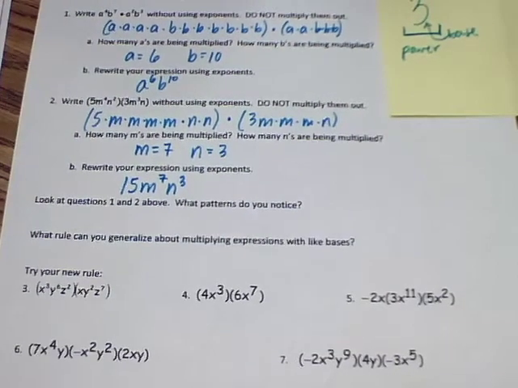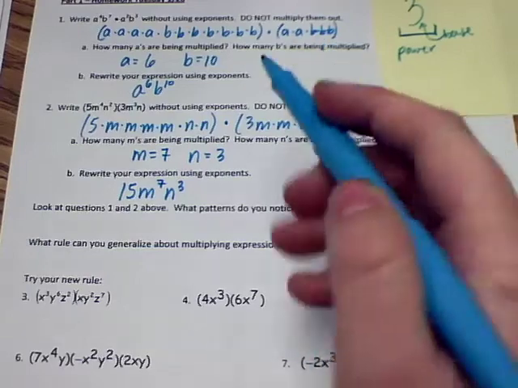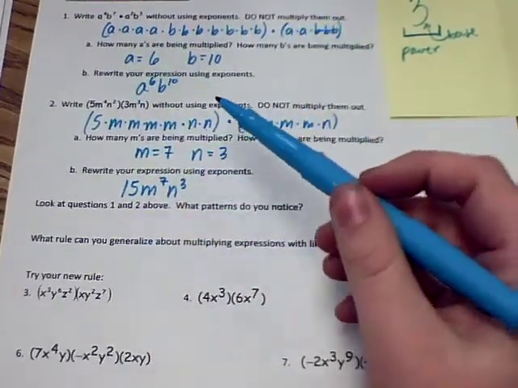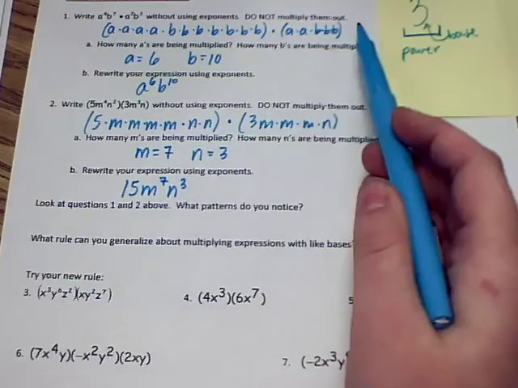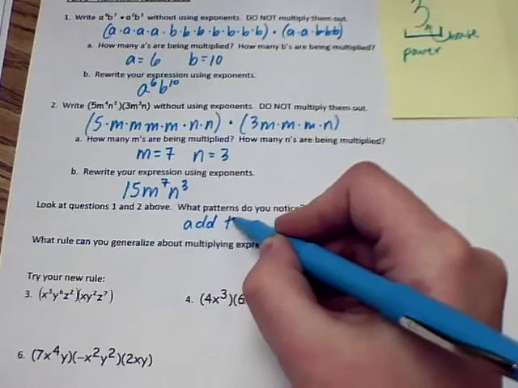Now, if we look at question 1 and question 2, what patterns do you notice? Well, you notice that our exponents got larger, so because we were multiplying them out, we ended up adding the exponents.